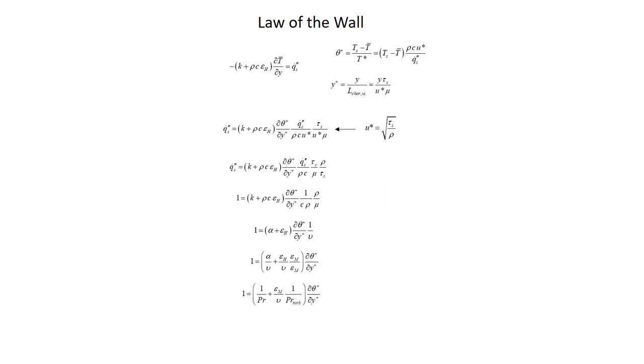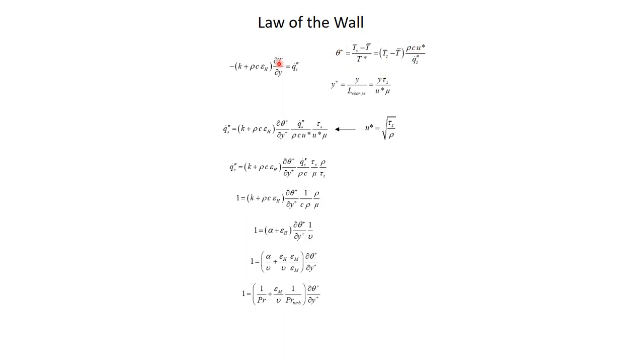The first thing we're going to do is the same thing we did before for our momentum equation, and that is take this differential equation and try to express it in terms of inner coordinates, since, if we move back one, the models that we're going to be using are expressed in terms of inner coordinates. So I have to remember that theta plus is defined in this way, right?